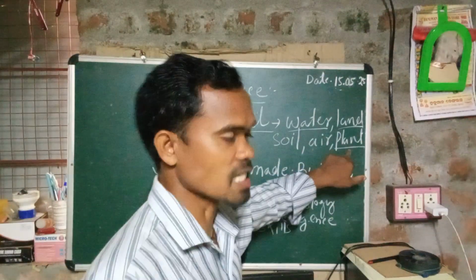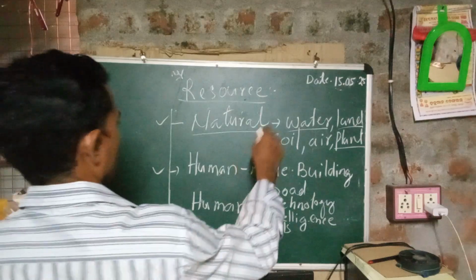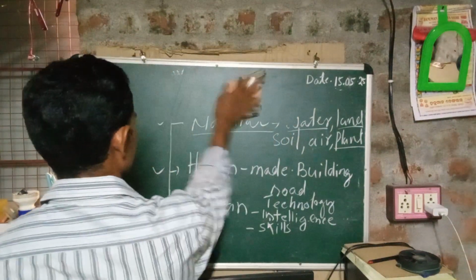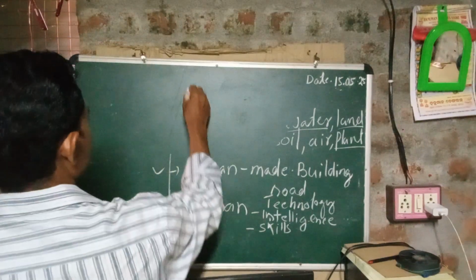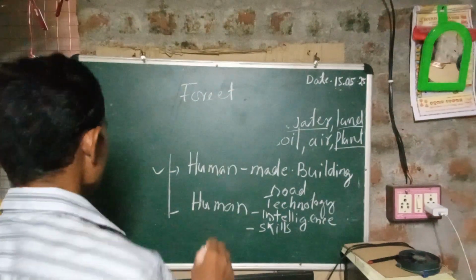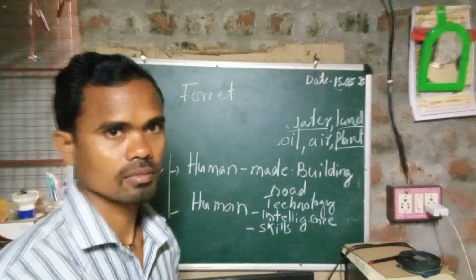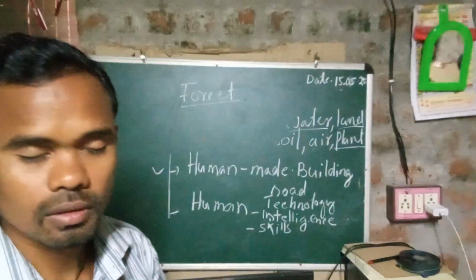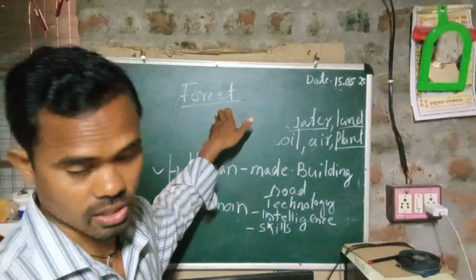If you take the example of a plant, or a forest, this is a natural resource. To make a forest, we need to take several years.